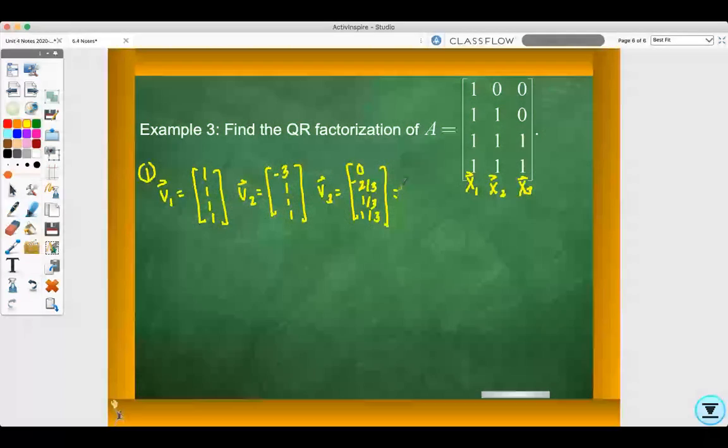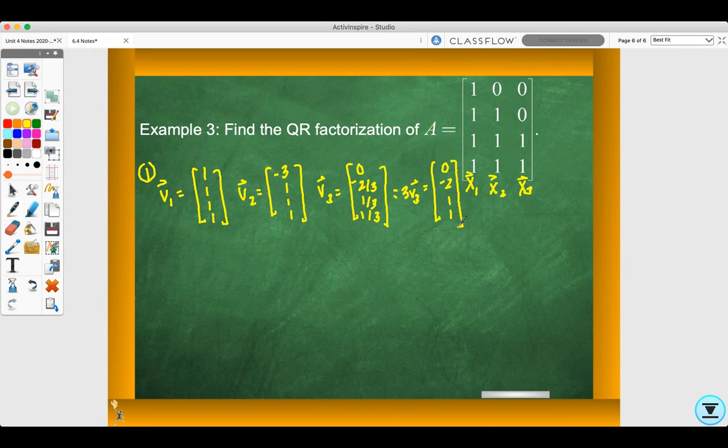We can scale this to get rid of the denominator and have 3 V3 equal 0, negative 2, 1, 1. So this is the orthogonal basis for Col A, which is also the span of x1, x2, x3.